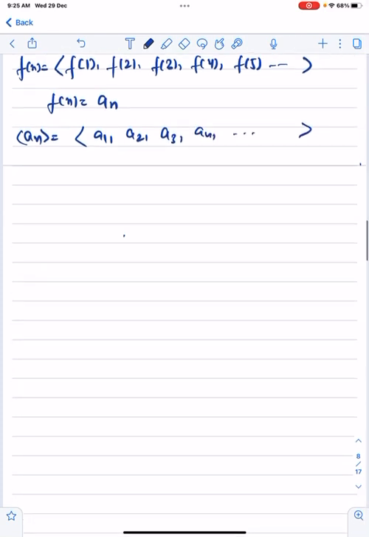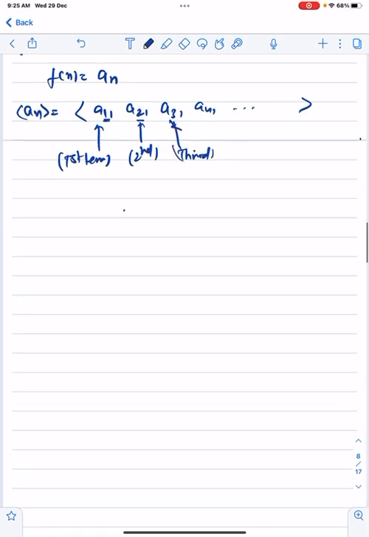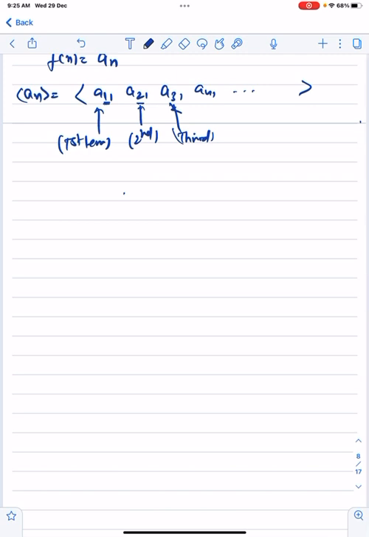These are the terms of the sequence. Every subscript represents the corresponding term: 1 represents the first term of the sequence, 2 the second term, 3 the third term, and so on. So the nth term of the sequence will be a_n.